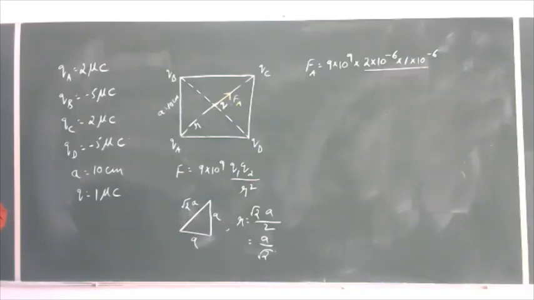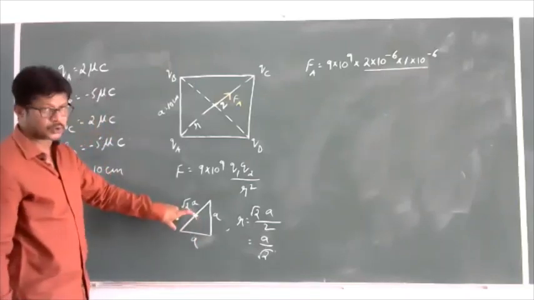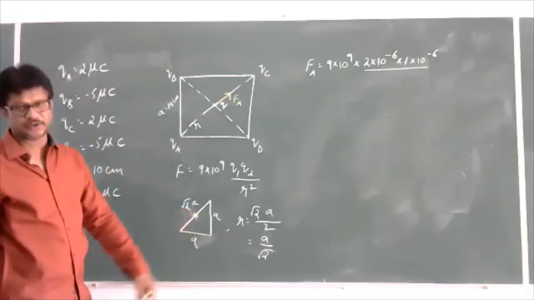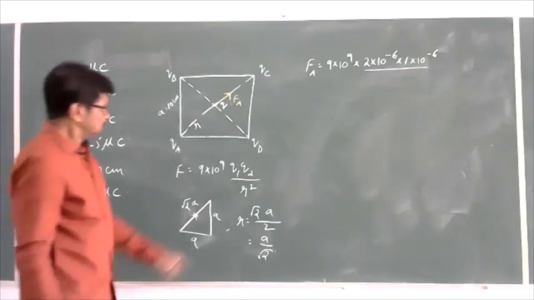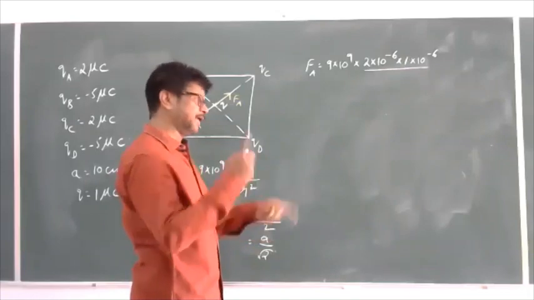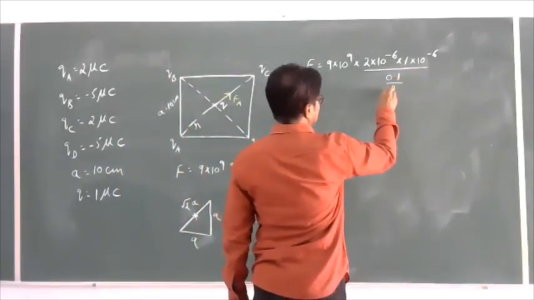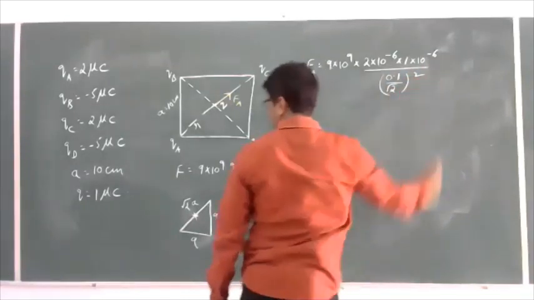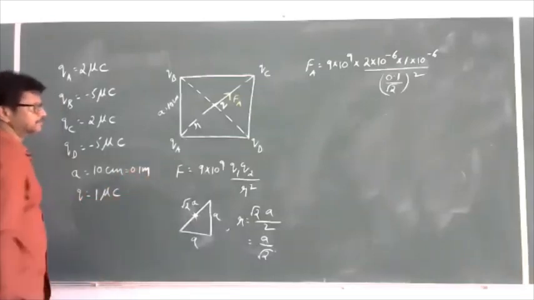A is 10 centimeter, which you make into meters, 0.1 meter. So it is 0.1 by root 2 whole square.